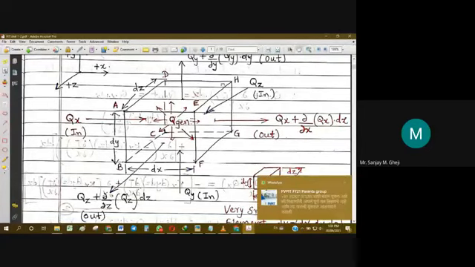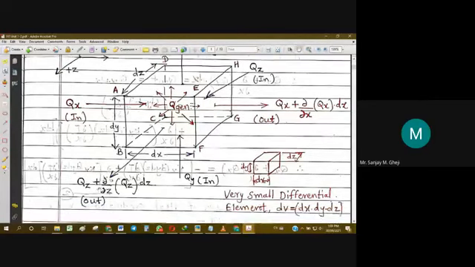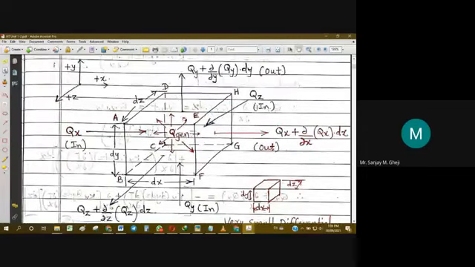The face DHGC is the inlet, so Qz is the incoming at this back end face, and it is outgoing from the front end. So it is Qz plus ∂/∂z of Qz dz. So all six components of heat incoming and heat outgoing are accounted for here.